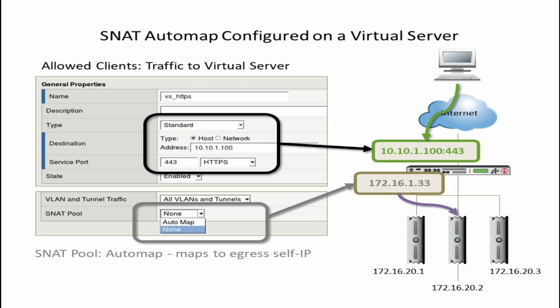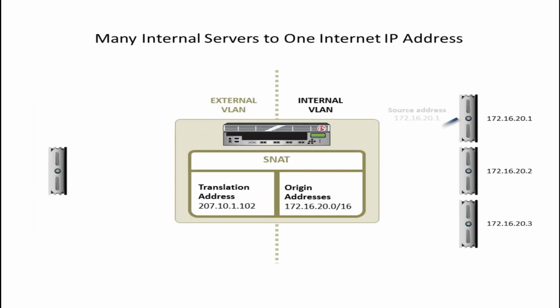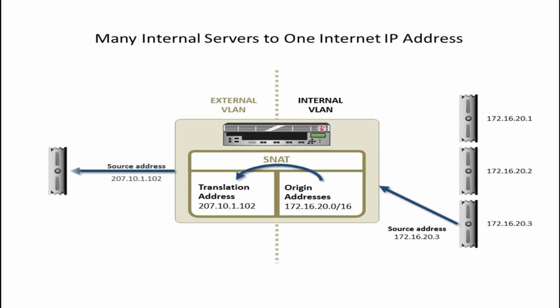So SNAT will come into the picture when you want to avoid the routing problem, the asymmetric routing problem, or when there is the same subnet, as we talked about in the two scenarios. Here you can see a many-to-one kind of relationship, and this time we are showing the outbound traffic flow.